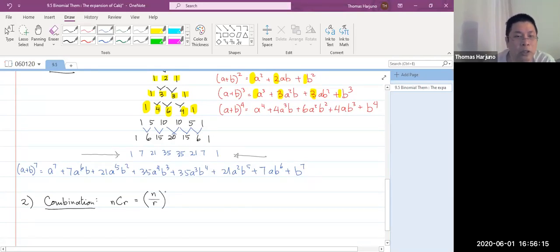It's not a fraction. Now, this nCr actually stands for n factorial over r factorial times n minus r factorial. That's quite confusing, huh?